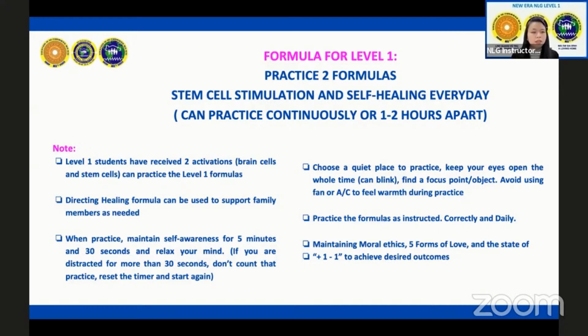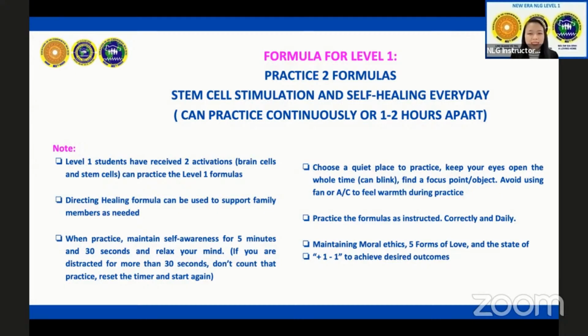When you stop directing energy and start thinking about what you're having for dinner, your family, your partner, or something at work, then if you are distracted for more than 30 seconds and your mind starts to wander off, you need to set your timer again and do another session.